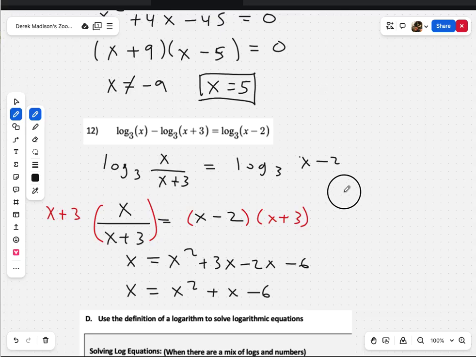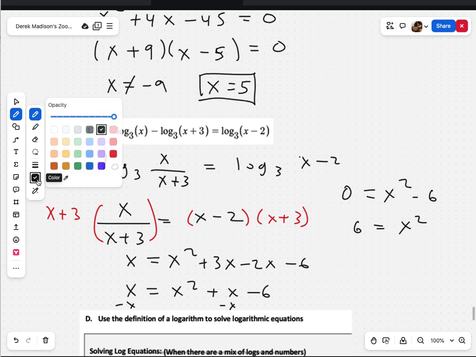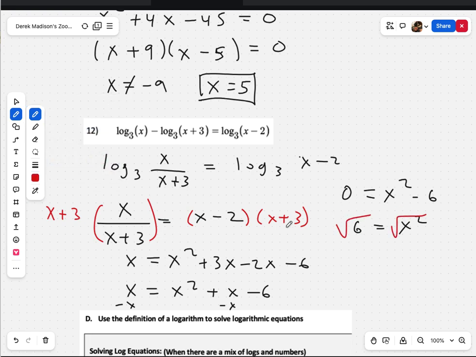So it would have 0 equals x squared, and I'm left with just a minus 6 there. So let's bring the 6 over to this side, and then since it's a squared, I can solve that by taking a square root.